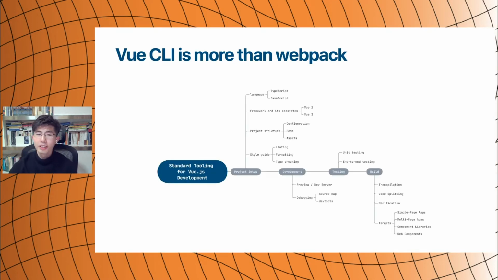If you look close to this graph, you may see that we intend Vue CLI to be the standard tooling for Vue.js development. That is to say, it is involved in every phase of your project development, from project setup to development in the browser and unit testing, end-to-end testing, and the final bundling process.